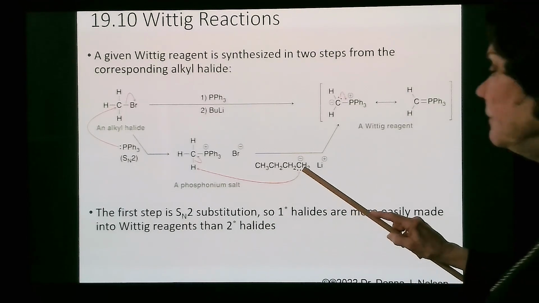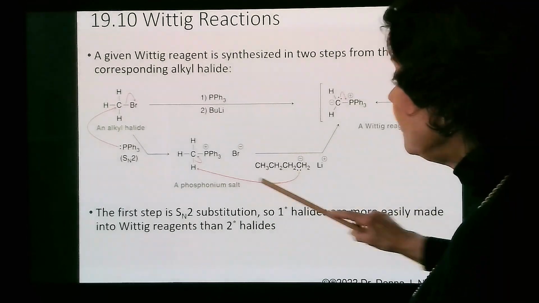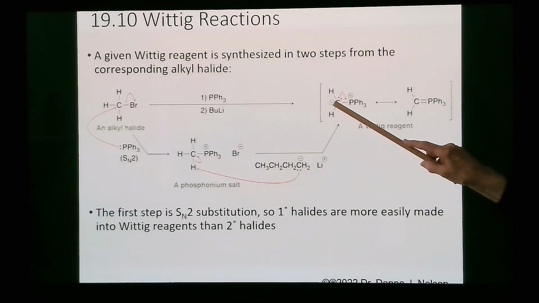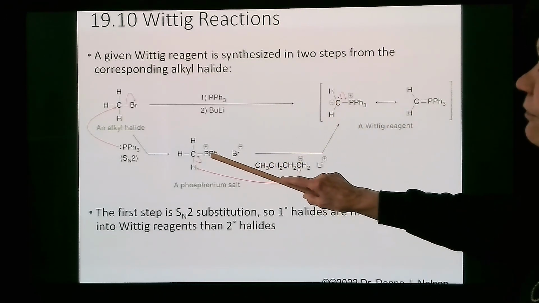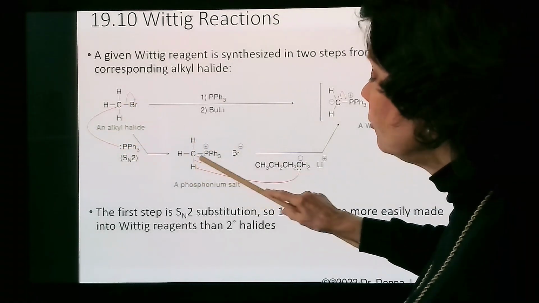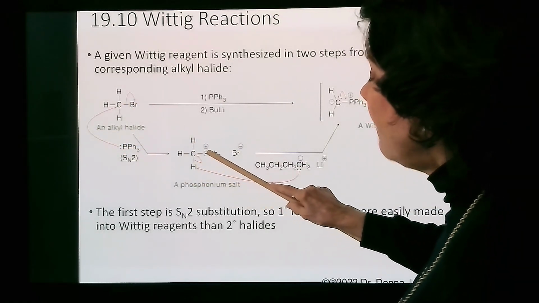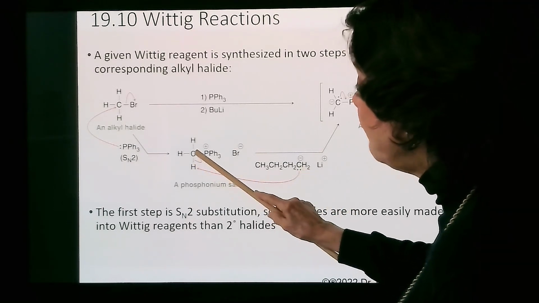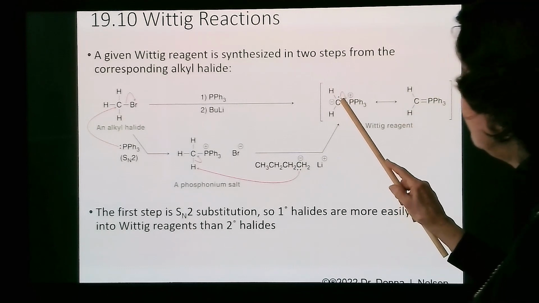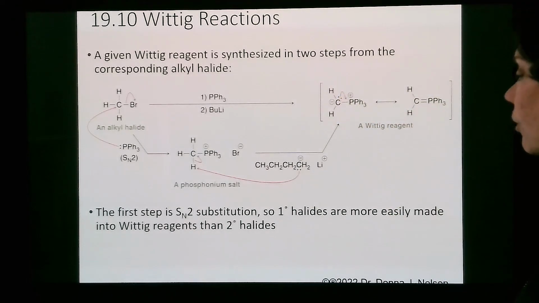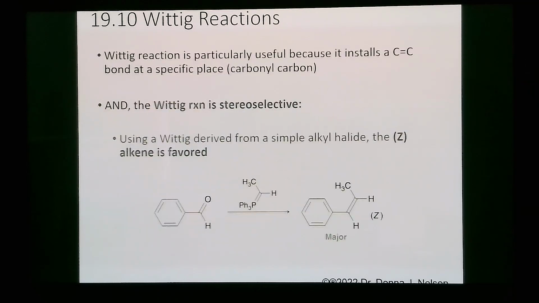So here you simply have a base that's going to deprotonate, and that generates the negative charge on carbon. Here the phosphorus is bearing a positive charge because it donated a pair of electrons to form the carbon-phosphorus bond. Then you deprotonate using a base, and that generates a negative charge on carbon. This is your Wittig reagent.